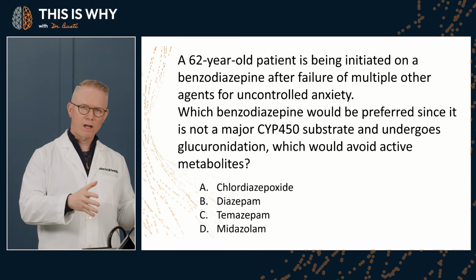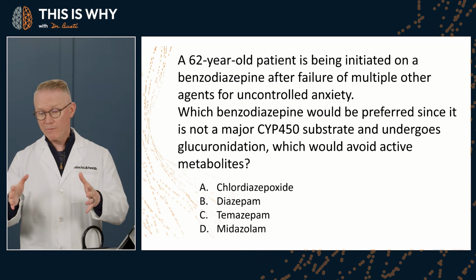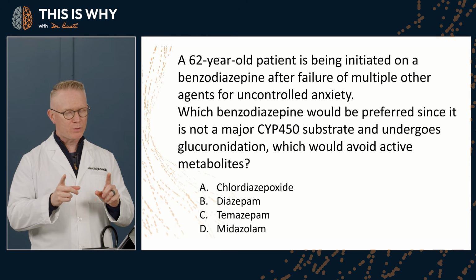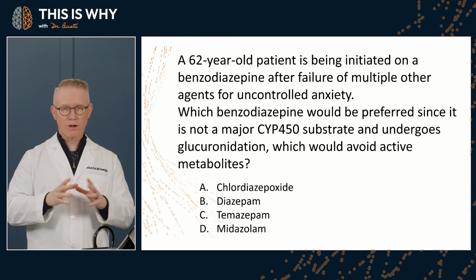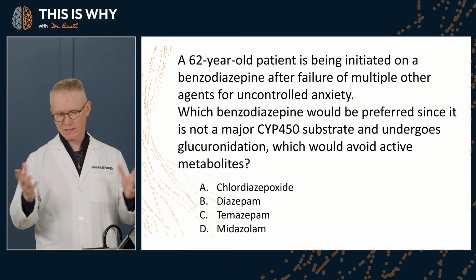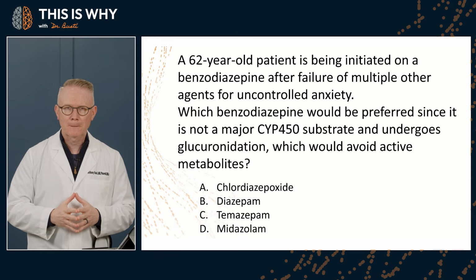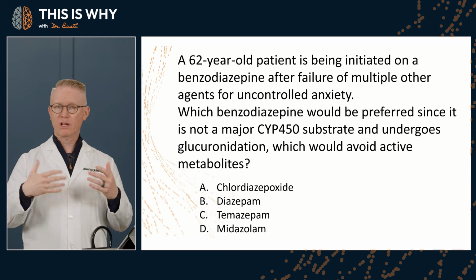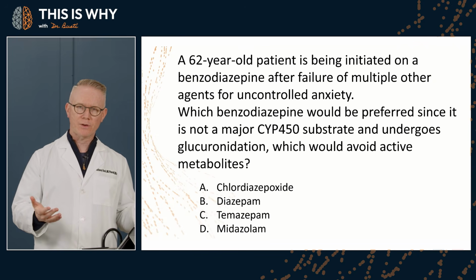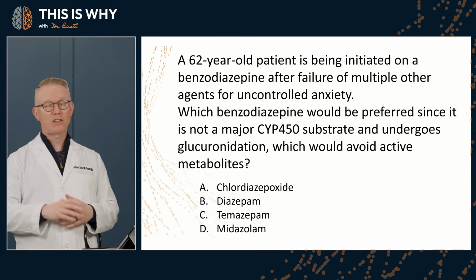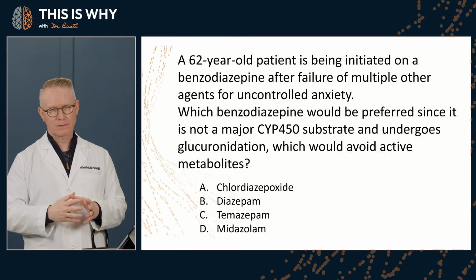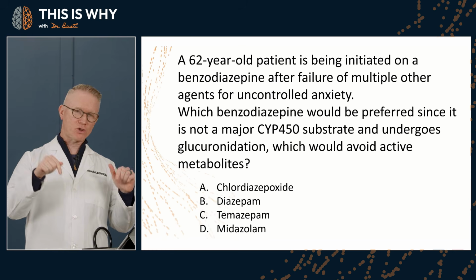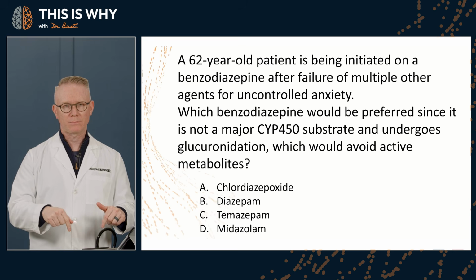We know that phase 1 involves the cytochrome P450 system, which is oxidative and reductive pathways, and often produces active but also inactive metabolites. It just varies from one drug to another, doesn't it? And then there's phase 2, which is a conjugative pathway, most commonly glucuronidation, but there are others, and these typically do not generate active metabolites. Now that distinction is the key framework guiding this question that you need to get.